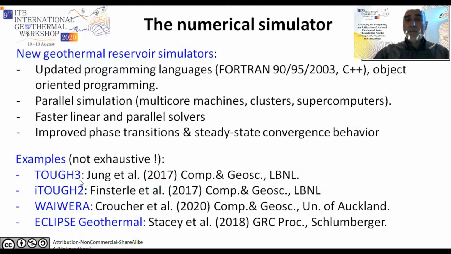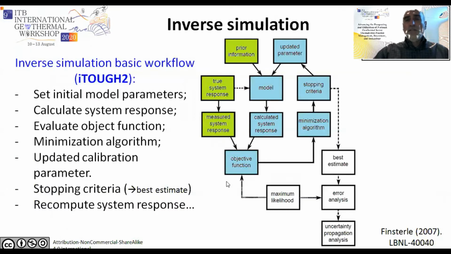Examples are TOUGH3, developed by LBNL, iTOUGH2, and then the new version of the code, also developed at Lawrence Berkeley National Lab, Waiwera, which is developed at the University of Auckland, and Eclipse Geothermal, developed by Schlumberger. Now the inverse simulation.